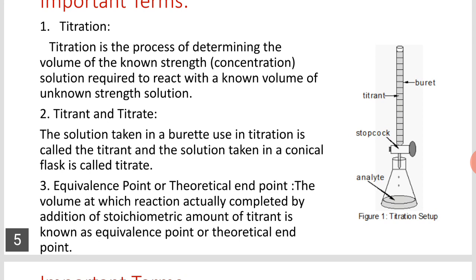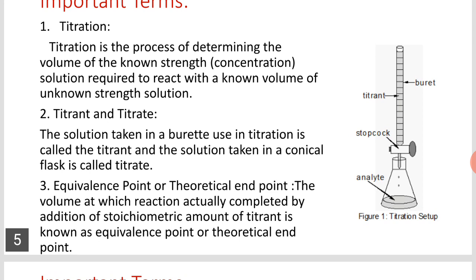Some visual changes, it may be a color change or some turbidity, etc. The point at which this color change appears, we measure the quantity of solution in the burette, and that point we call the end point.